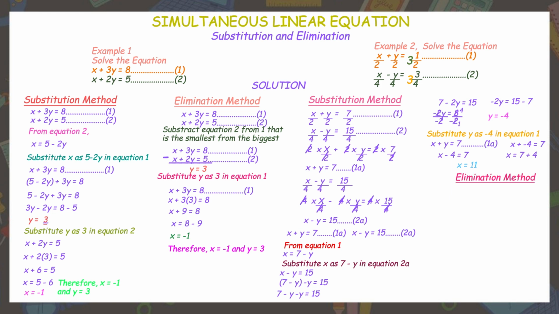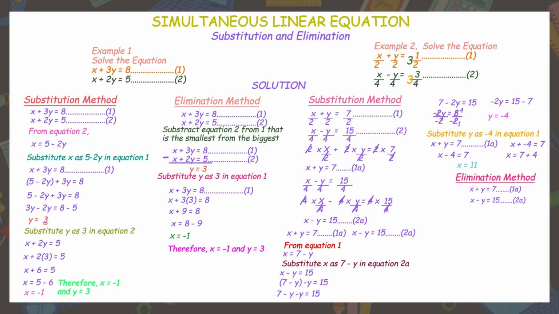Already we know our equation 1a, so we don't need to go back. Right? Our equation 1a, that is x plus y equal to 7. Then x minus y equal to 15. That is equation 2a.